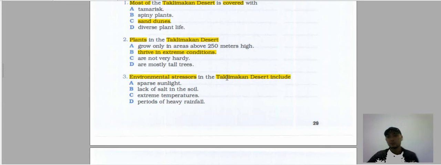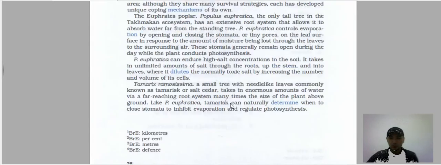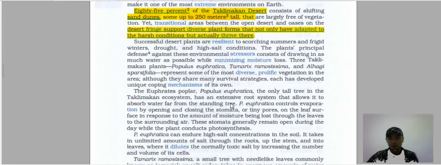Environmental stressors in the Taklamakan Desert include sparse sunlight, lack of salt in the soil, and extreme temperatures, periods of heavy rainfall. Okay, and again, what should I do? I should start reading from where I stopped. I stopped here, right?